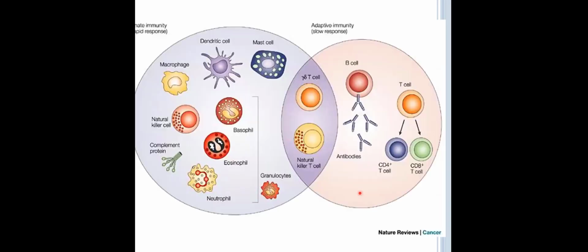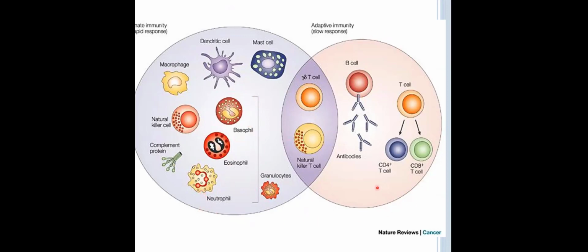So we often think of the immune system in terms of the cells that are involved, and we have this divide between innate cells, which are non-specifically targeting broad classes of pathogens, and they're listed here, including phagocytic cells like macrophages, dendritic cells, and so forth. Granulocytes such as eosinophils and neutrophils.